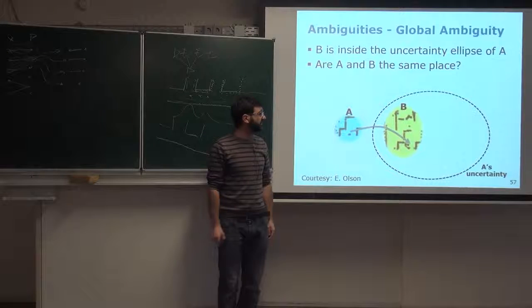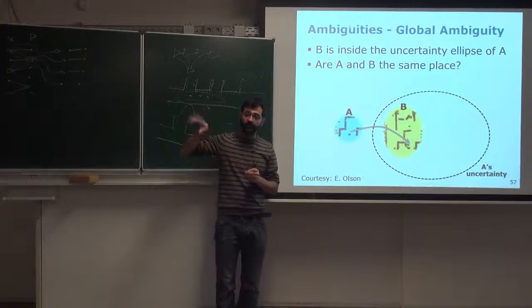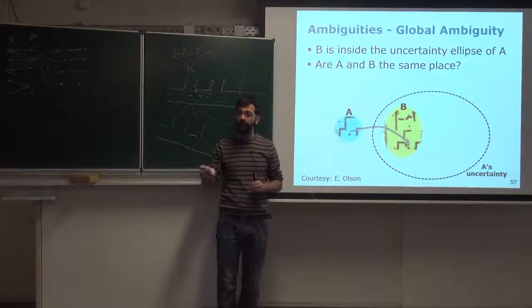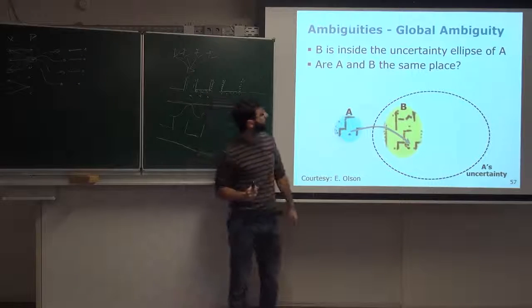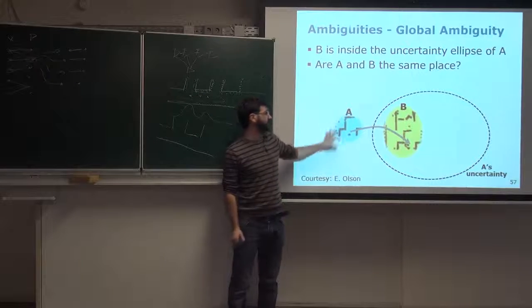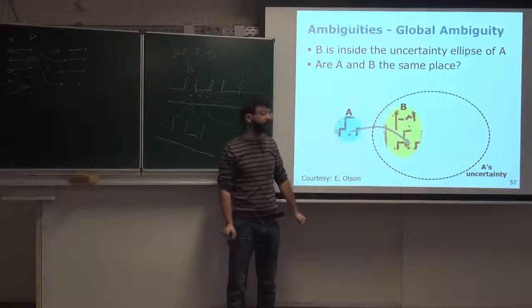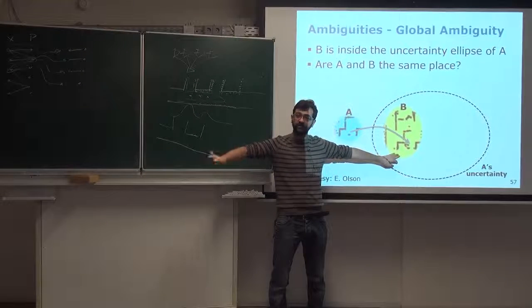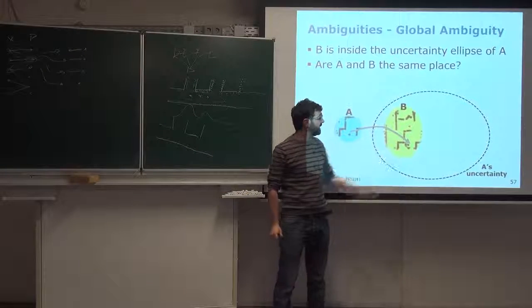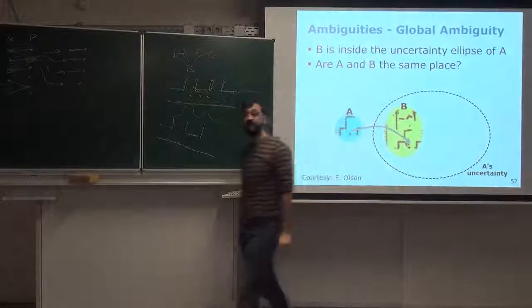We can think of ambiguity from two points of view. We can have a global ambiguity, and we can have a local ambiguity. Okay? As a global ambiguity, imagine this case. We have A, which is what the robot is looking at right now, so it's seeing this from its point of view. And then we have B, which is one possible place from the past that looks like this. And we have an uncertainty of A, which is that big.